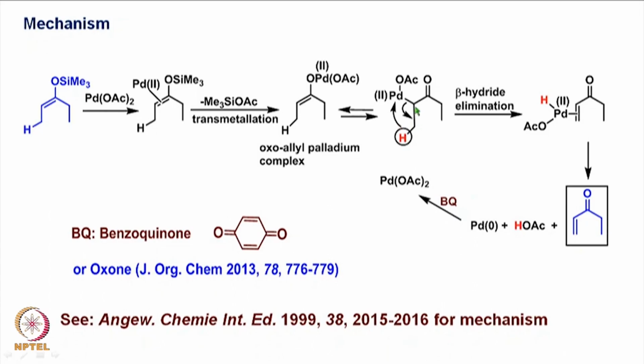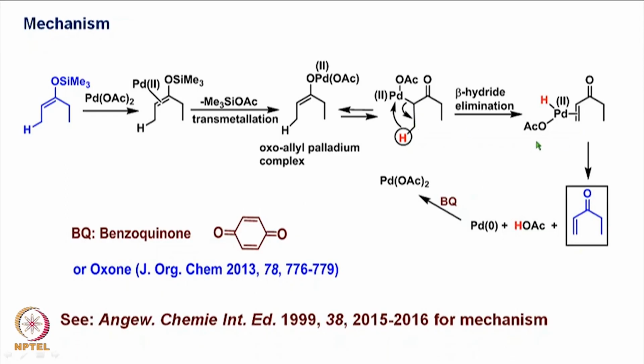for example this is an alpha position and this is the beta position, so there is a possibility of a hydride transfer from here to here, and subsequently there is a loss of the carbon palladium bond here to make it a double bond.